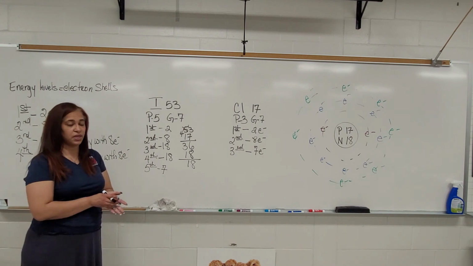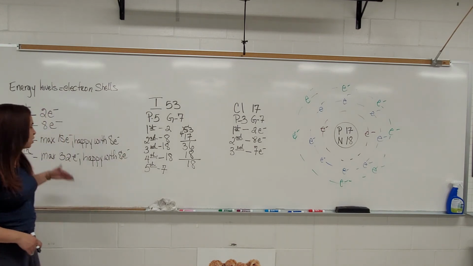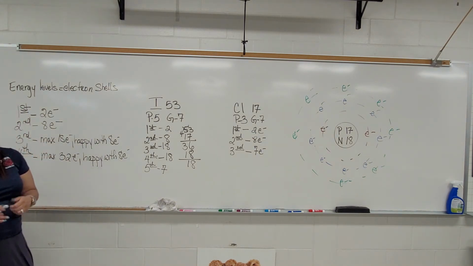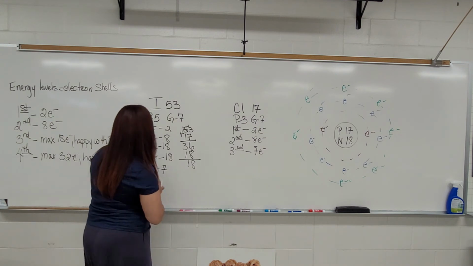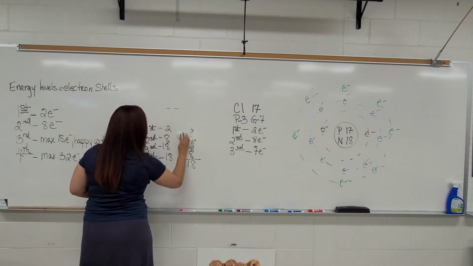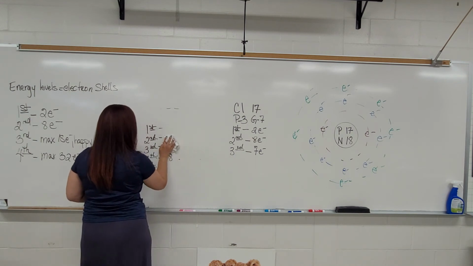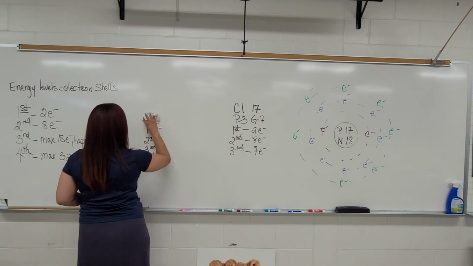If it did not fit, then we would go to the next smallest number, which would be 18. And I can actually go ahead and do that for you just so you have an idea. Okay, so I'm going to go ahead and erase this part, but I'm going to leave the shells up just to save a little bit of time, the energy levels.